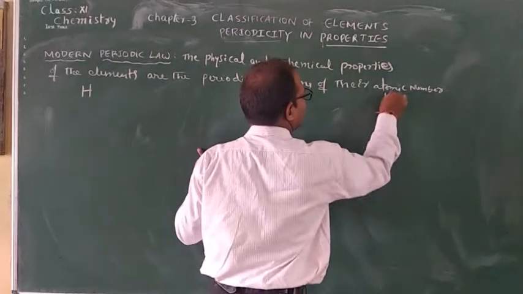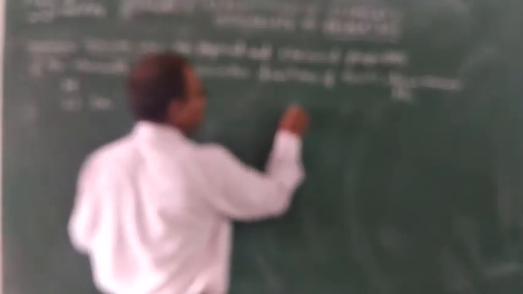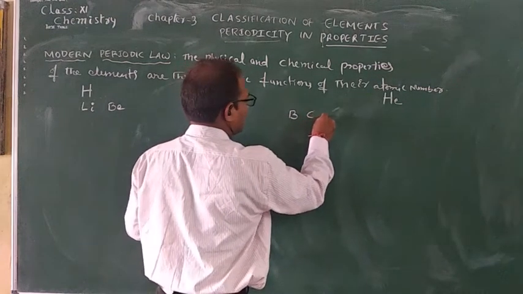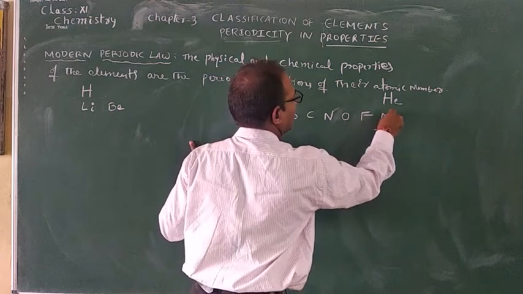Now I am drawing Moseley's modern periodic table. The first element is hydrogen, and the next element is helium. Hydrogen atomic number 1, helium 2, lithium 3, beryllium 4, boron 5, carbon 6, nitrogen 7, oxygen 8, fluorine 9, neon 10.